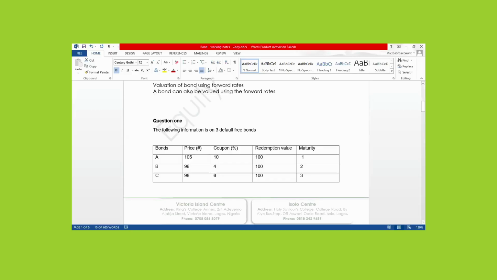Look at question number 1. You can check your material. That will be question number 6 in your material, page 133.